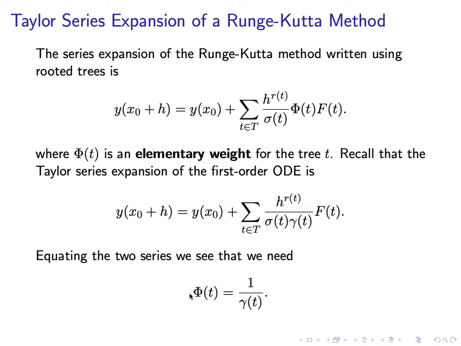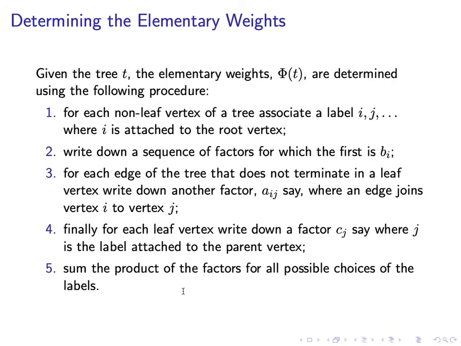So how do we determine this elementary weight? It's determined using this process here. If you've got a tree, for each non-leaf vertex, so that's any vertex which has a child, we associate a label i, j, k, etc., where we attach i to the root vertex, and we write down a sequence of factors.